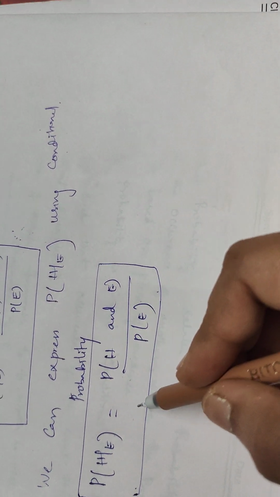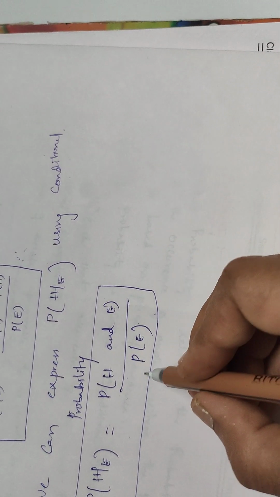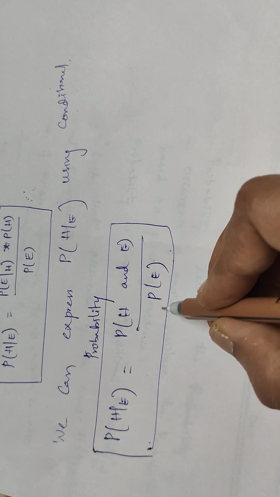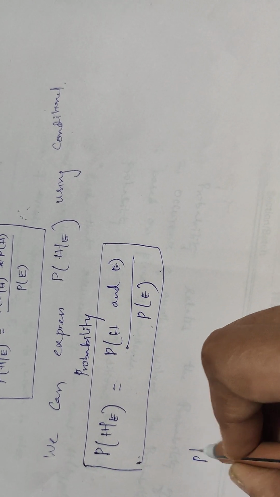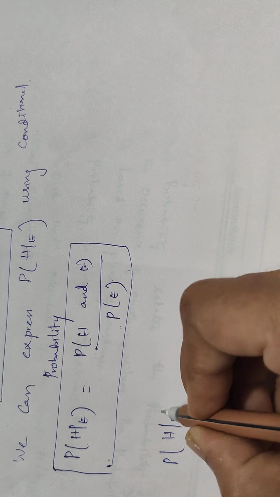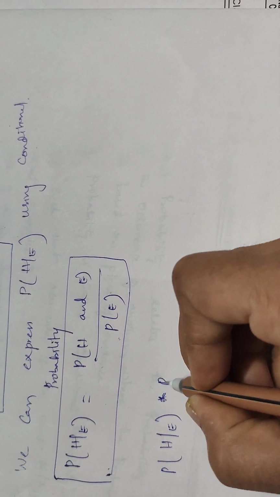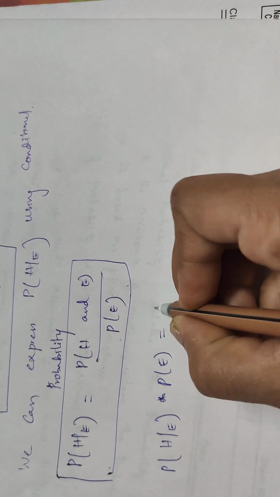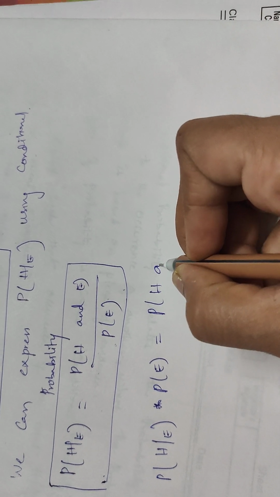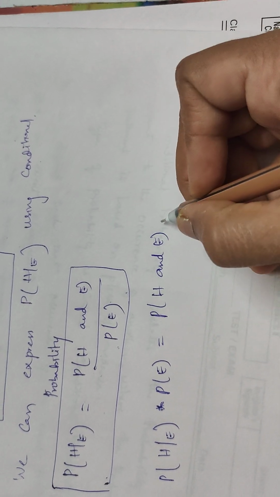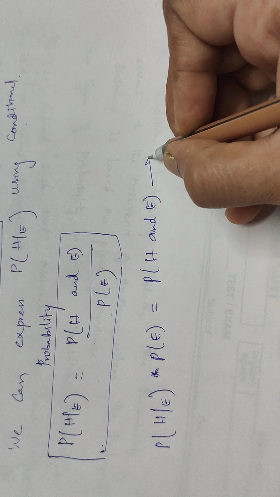How can we represent it? When I take this denominator term to my left hand side, it becomes P of H given E into P of E is equal to P of H and E. Let me consider this to be my equation 1.